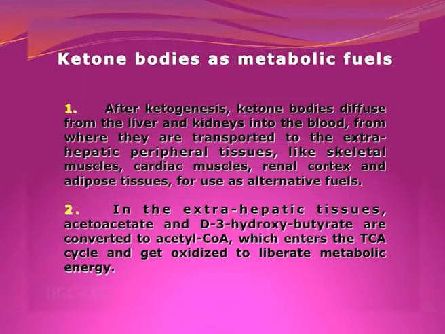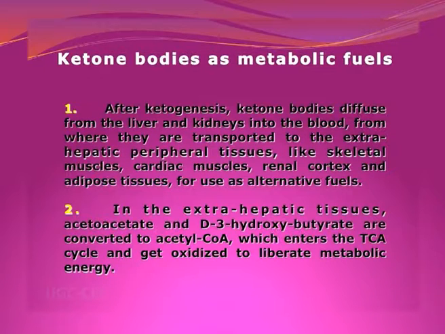Now, what is the utility of ketone bodies in our system? The ketone bodies will serve as metabolic fuels. After their synthesis in the liver and the kidney mitochondria, the ketone bodies diffuse out of these two organs into the bloodstream.